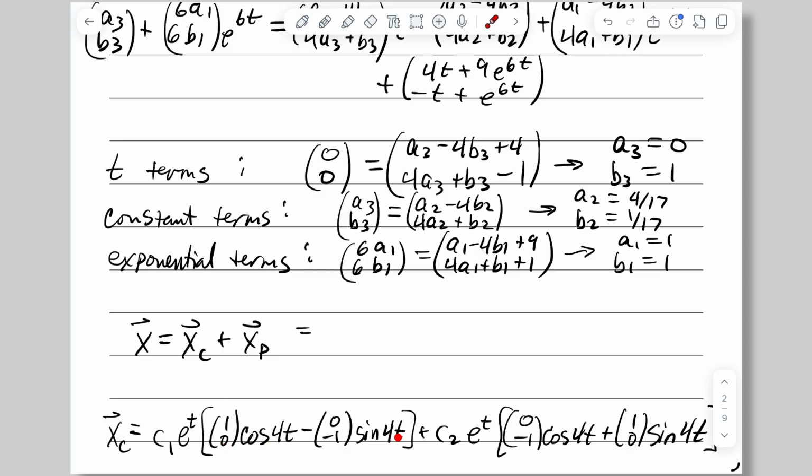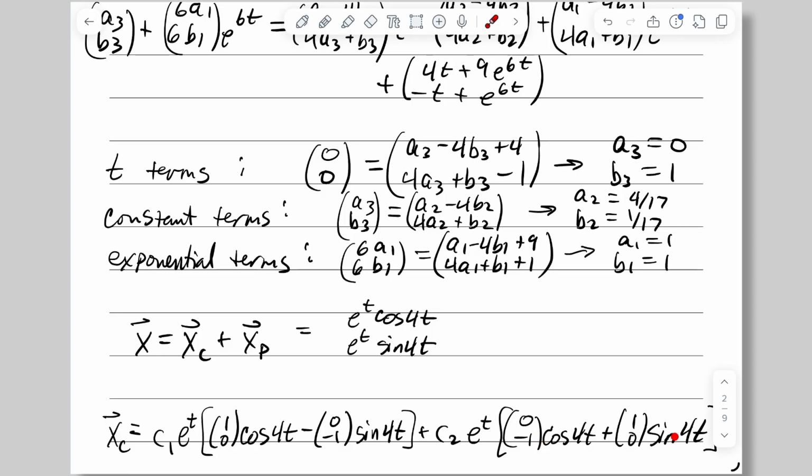Multiplying the sine into 0, 1 gives us a 0 on top and then a sine on the bottom. Adding those two vectors together, and remembering we have this e to the t, gives us e to the t cosine of 4t and then e to the t sine of 4t in one column. We have that multiplied by c1, but we're going to hold off on that.